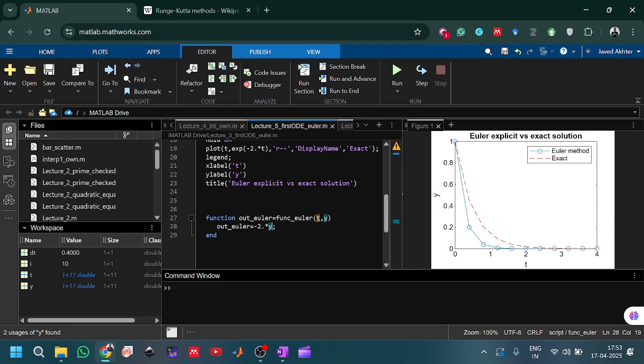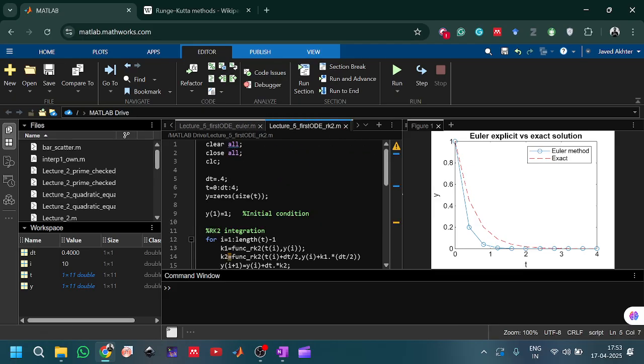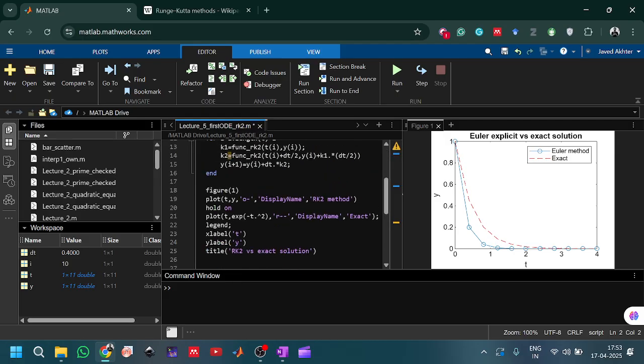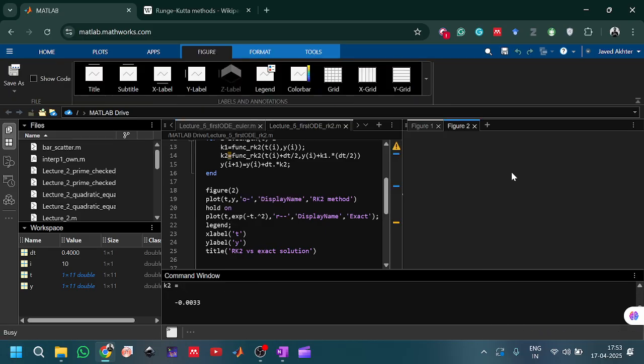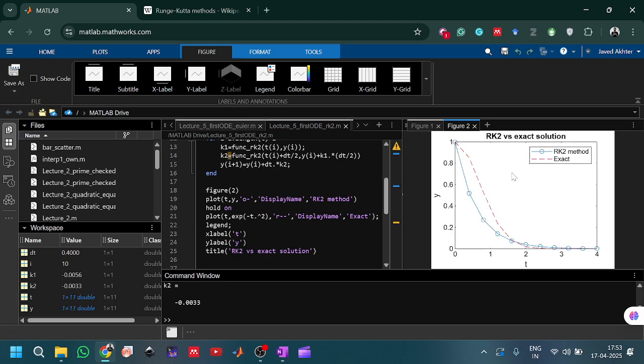Okay, so this is the solution of Euler method. So this is Euler method. This one is exact, and this you are getting from Euler.